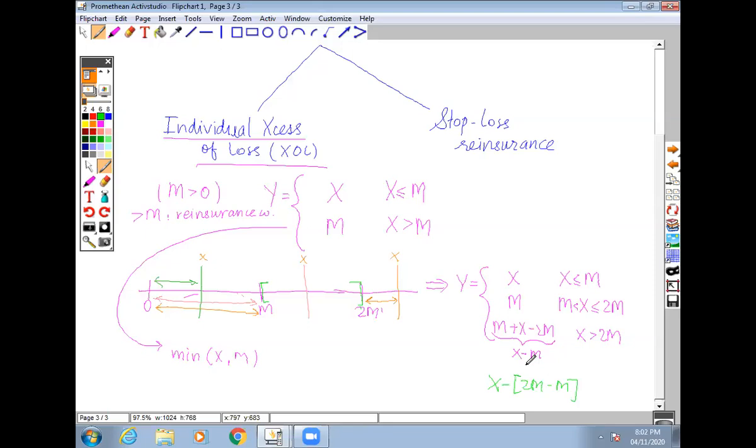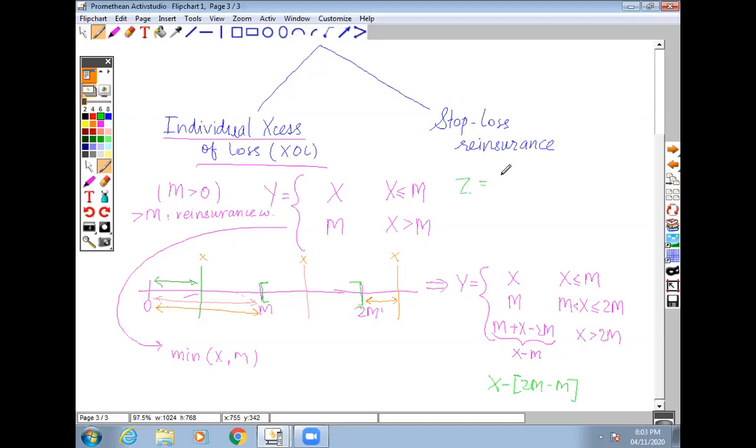So again, just to remind ourselves, this will be the net claim amount for the ceding company, and the Z. So let us try to have a corresponding distribution. Forget about this. We are looking at this right here, and let us try to have the distribution for the reinsurance company.